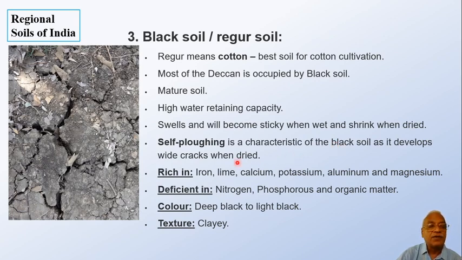Self-ploughing is a characteristic of black cotton soil as it develops wide cracks when dried. It is rich in iron, lime, calcium, potassium, aluminium, and magnesium. It is deficient in nitrogen, phosphorus, and organic matter.